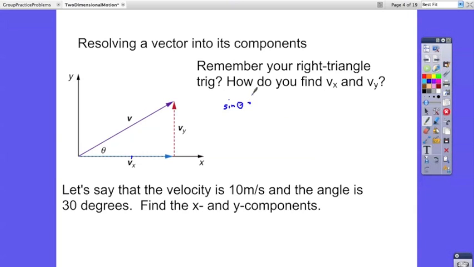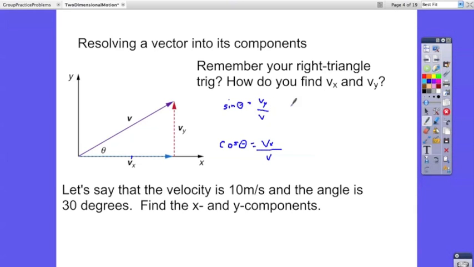So the sine of that angle would be the y component divided by the velocity vector. And the cosine of that angle would be equal to the adjacent over hypotenuse, or the x component over the hypotenuse.